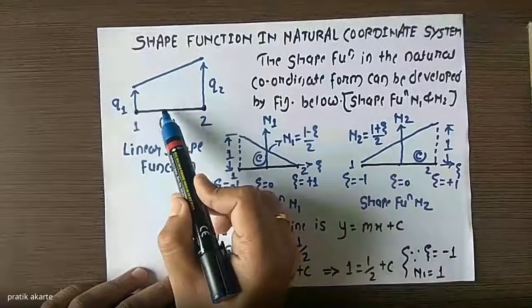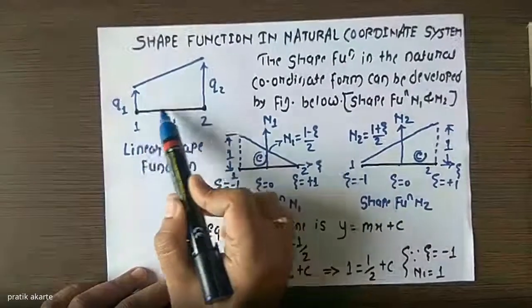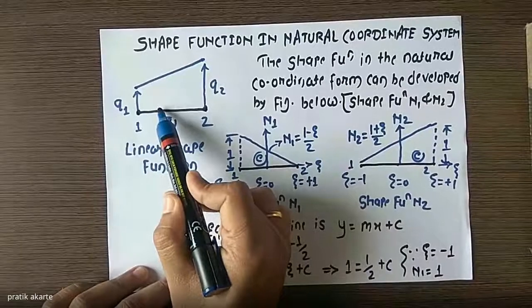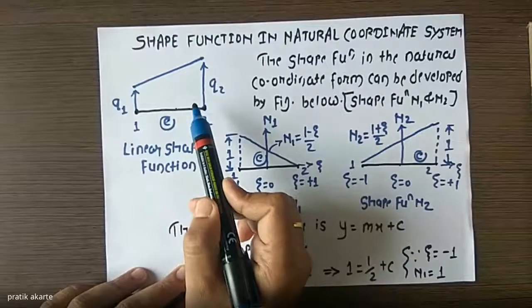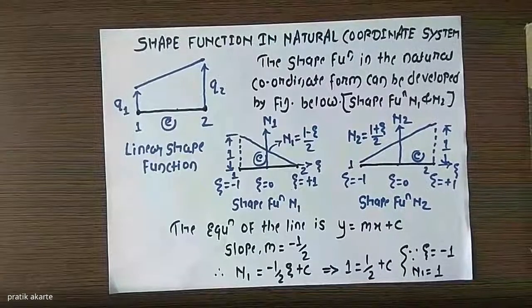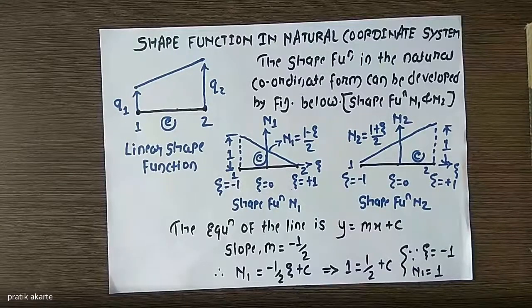But what about the intermediate point? What about if the point lies somewhere between these? What will be the displacement of these points? So to find out the displacement at the intermediate point, we will be using the function called the shape function.